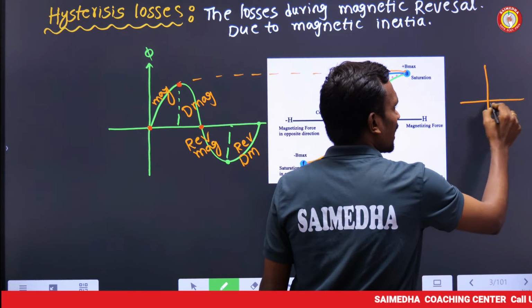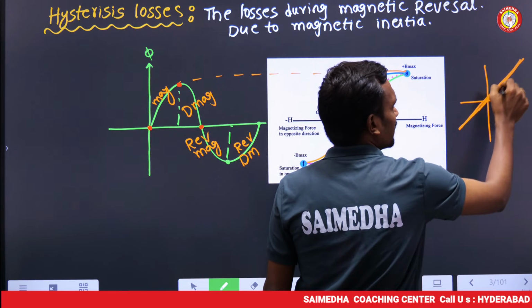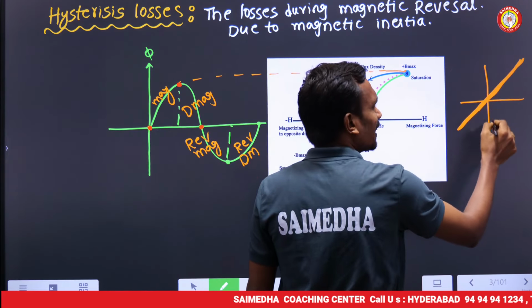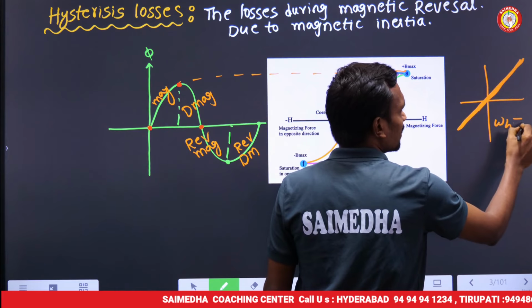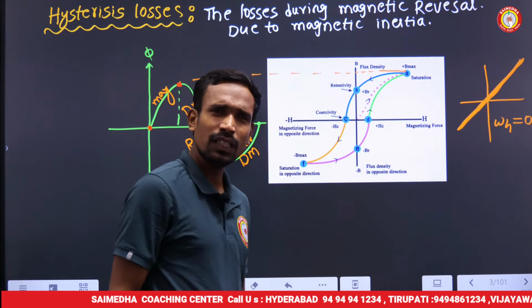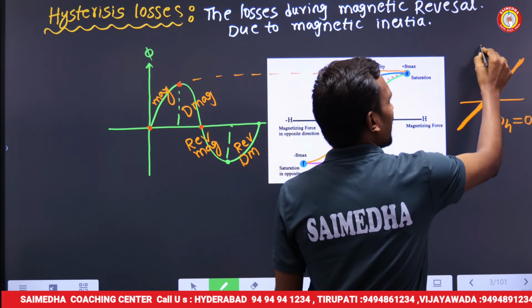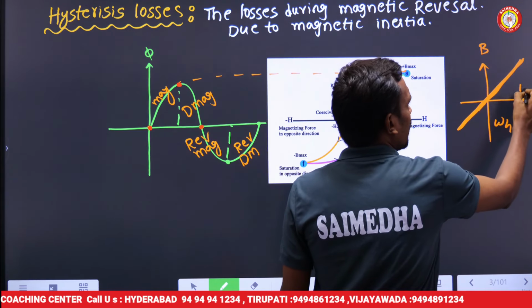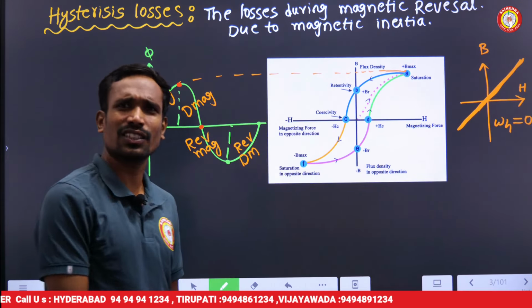If magnetization and demagnetization were a straight curve, the hysteresis losses would be 0.